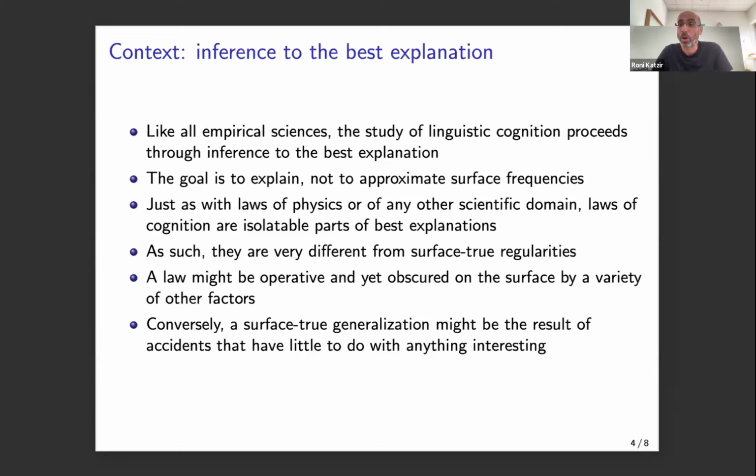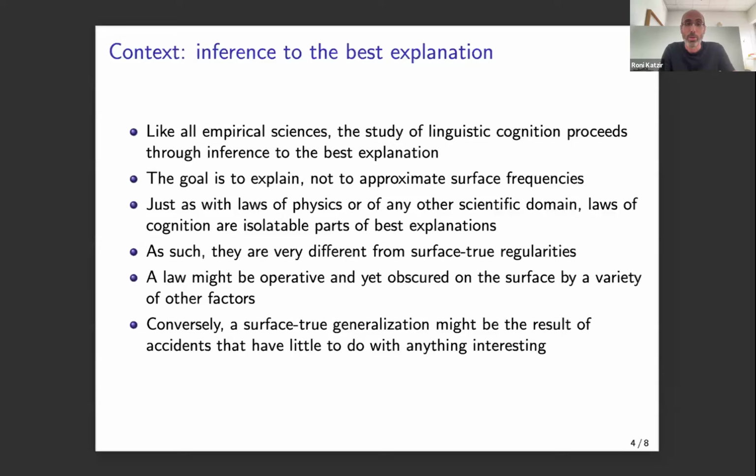And how things are can be something that is obscured on the surface, but is the best explanation. Laws are those parts that are the major components of best explanations. It's about the best explanation and not about fitting the data or matching surface probabilities.